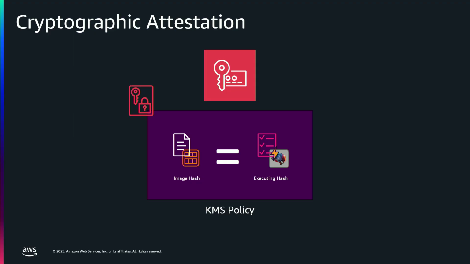KMS is a service that allows you to store and perform operations on key material, which then can say you are only allowed to operate on this key if your policy matches. So basically, if the execution environment is exactly the same as the image that you vetted, which is built with fully trustworthy code.